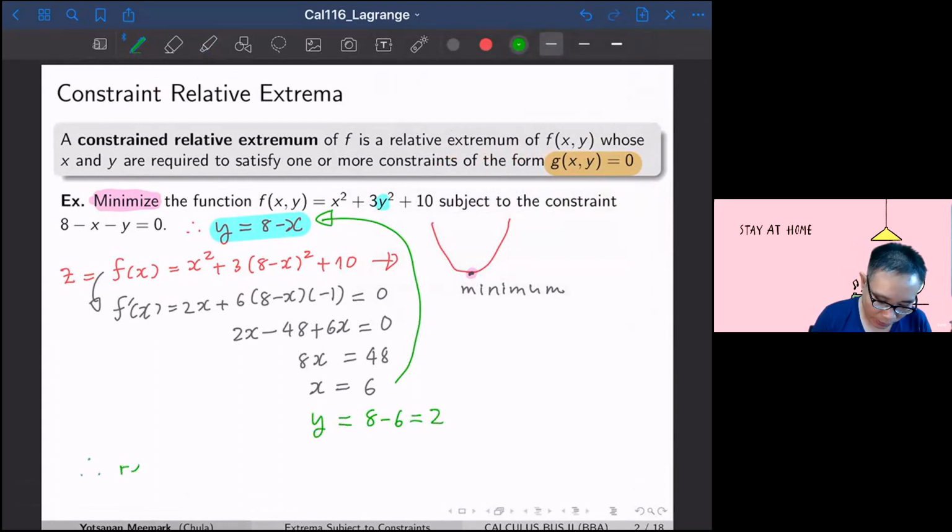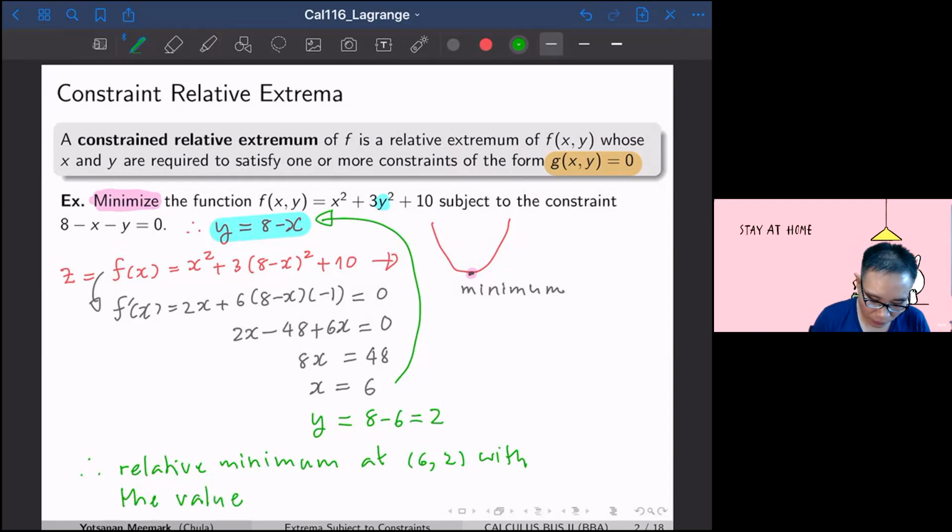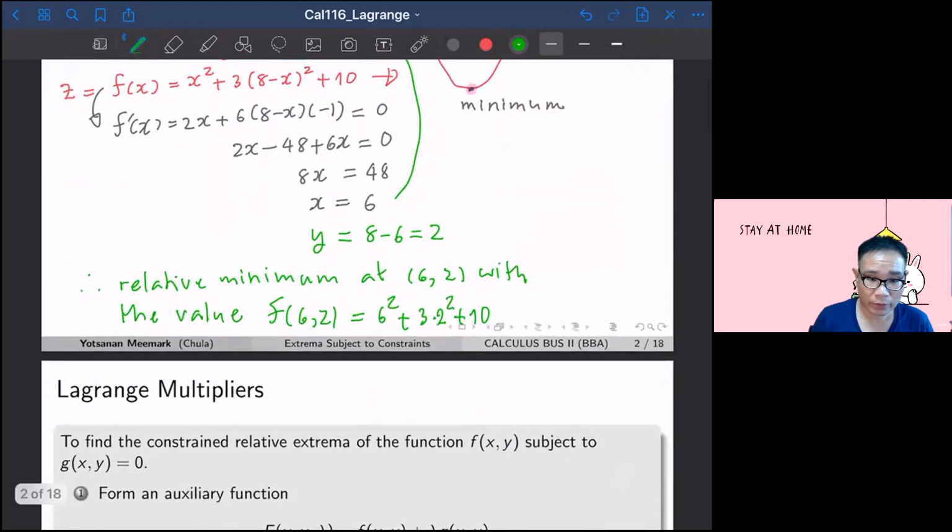So we have a relative minimum at (6, 2) with the value f(6, 2). So f(6, 2) equals 6 squared plus 3 times 2 squared plus 10, which is 36 plus 12 plus 10. So it gives you 58.